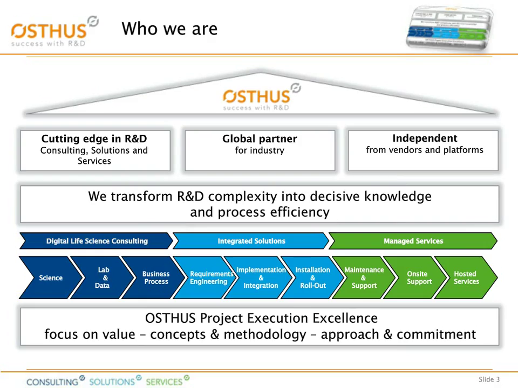Our implementation teams bring together both a scientific background in chemistry, biology, or physics, cheminformatics or bioinformatics, and, of course, a general IT background. This is definitely one of our strengths, combining scientific background with IT background.